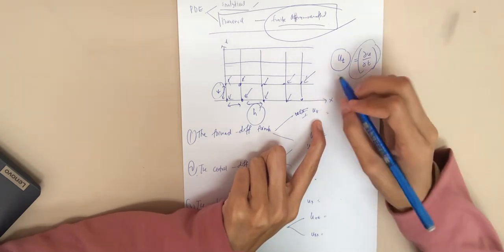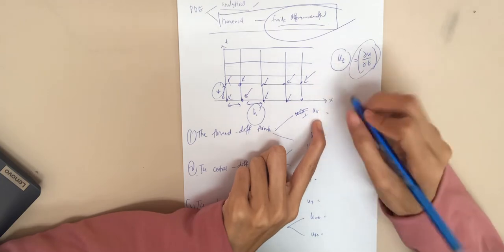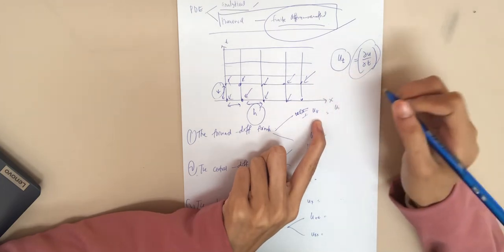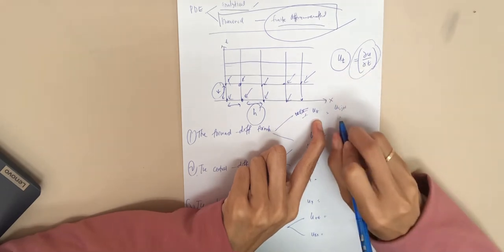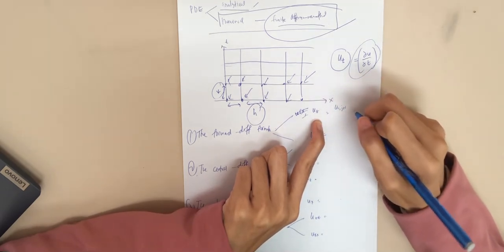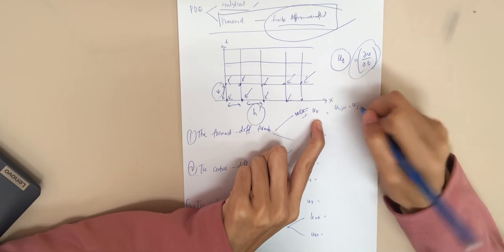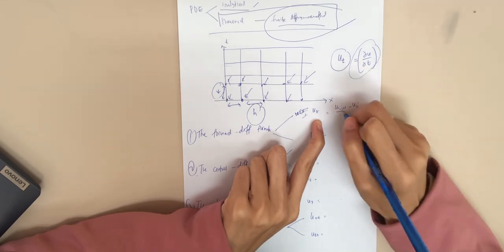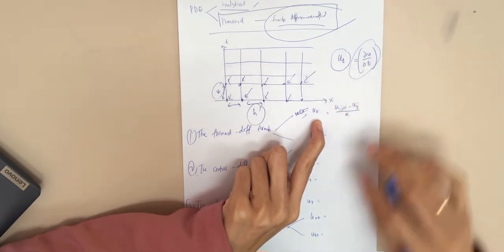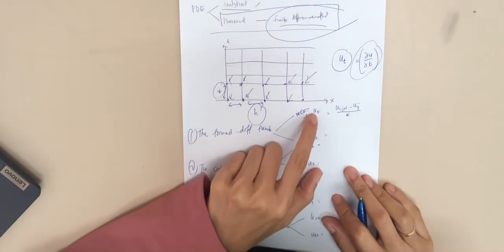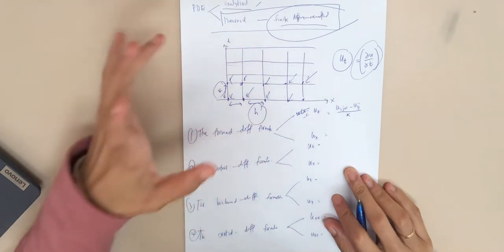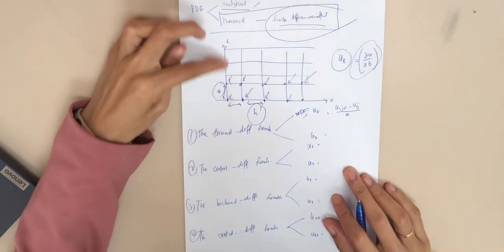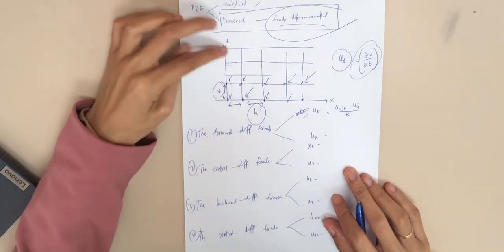So u_t is u(i, j+1) minus u(i, j), divided by k. Alright class, so I explain now. This is t. So what is t? It is the vertical axis here.